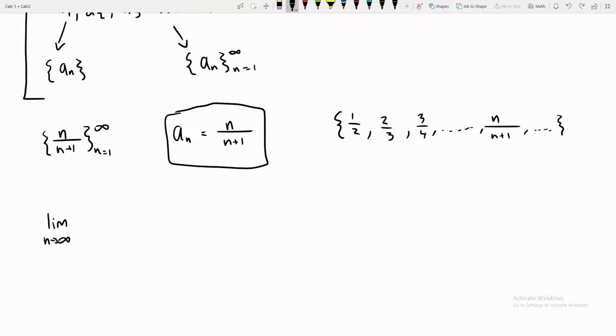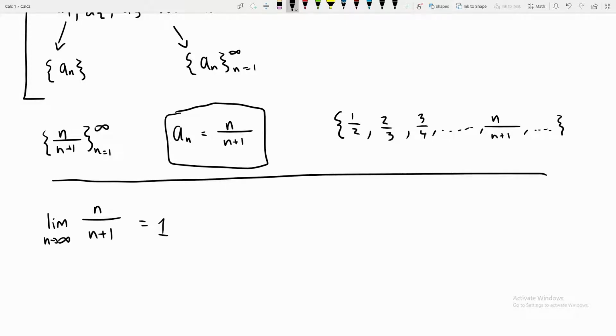So we plug n equals infinity in here, take the limit of n over n plus 1, and figure out what this limit equals. It's pretty easy to see that this limit is going to equal 1. We have now found what these three sequences go towards, and this process of going towards a certain value is called convergence, and we're going to discuss it shortly.